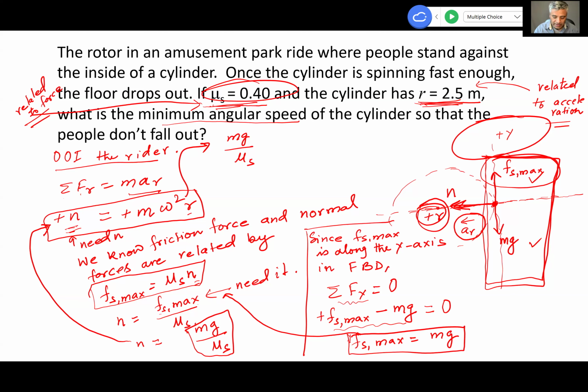So that's the left-hand side of this equation, right? And the right-hand side is m omega squared r. So now you see the mass cancels here. We are ready to solve for omega. So omega squared is g over this friction coefficient times, oh, not s, it's r, right?